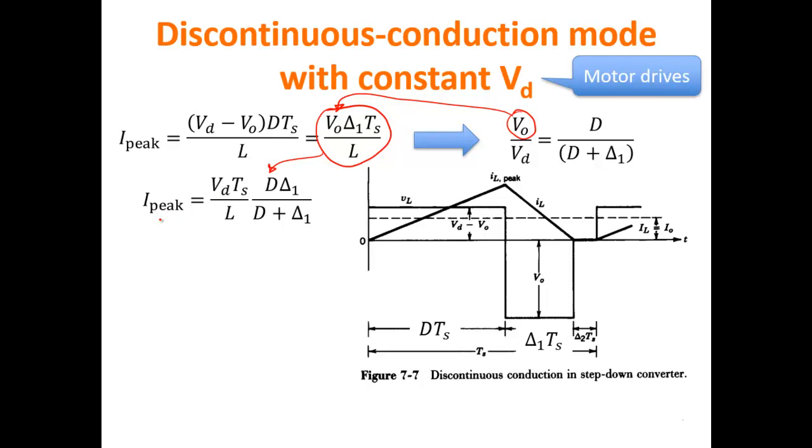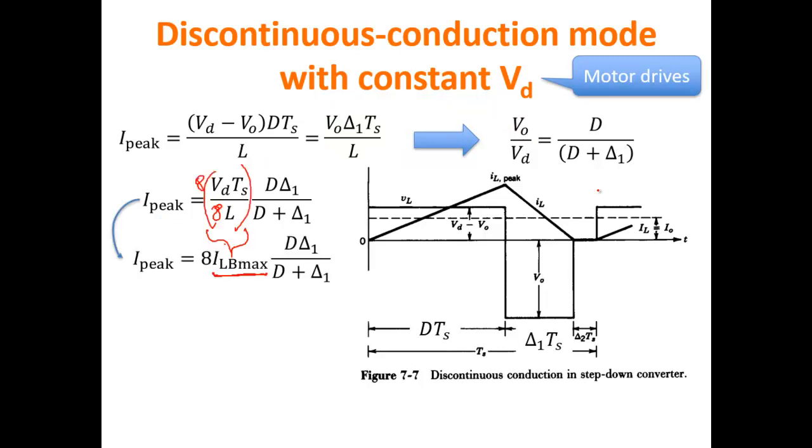Okay, so this is a simple adjustment. What I'm doing is just calling this part Vd over Ts over 8L as ILB max. The way I put an 8 here is going to be more clear in the following.